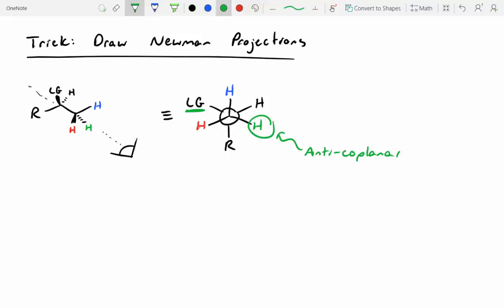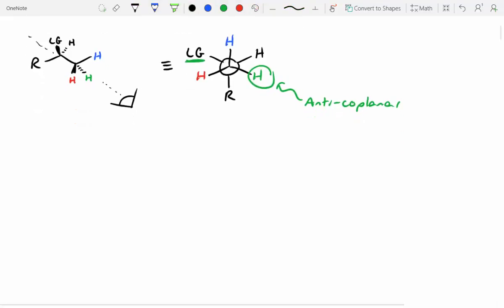So now let's go ahead and do our E2 reaction. So I'm going to redraw our starting material. Got a hydrogen, and we've got our leaving group. We've got our red proton here, our green proton, and our blue proton.